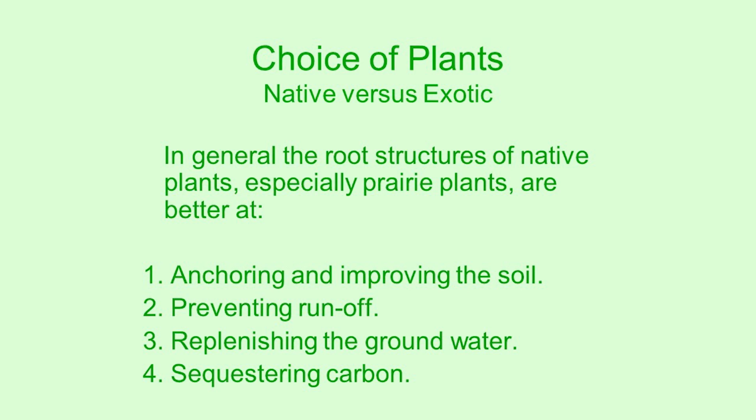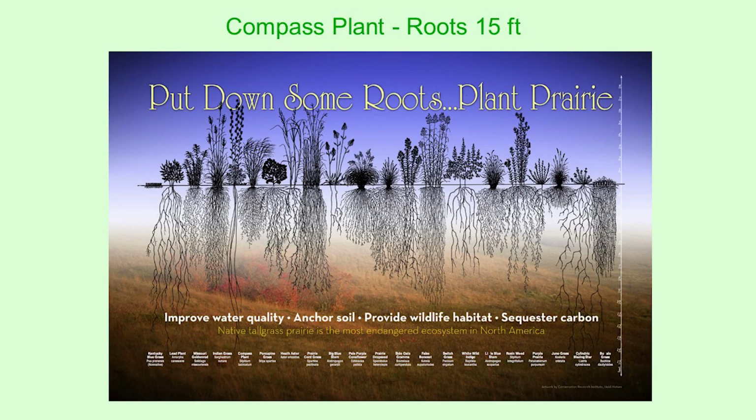Also in general, the root structures of our native plants, especially the prairie plants, are better at anchoring and improving the soil. They prevent runoff, they replenish the groundwater, and they sequester carbon. And a good example of showing this is this poster. On the very left, you can see plain old lawn grass, sod.